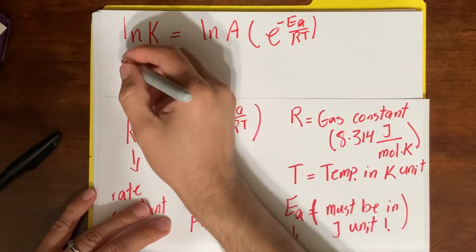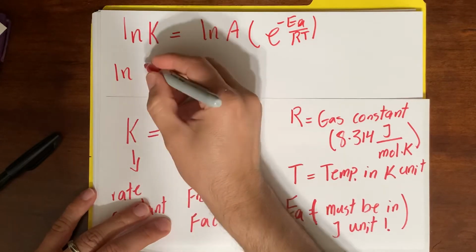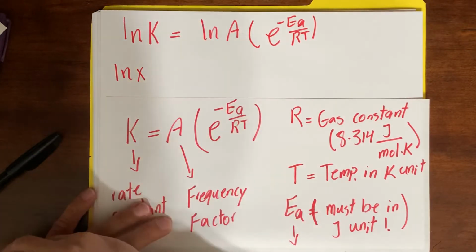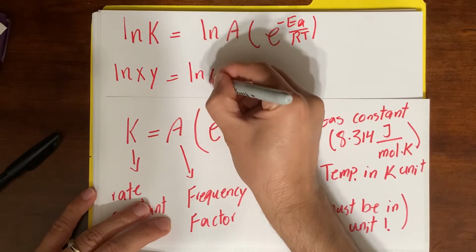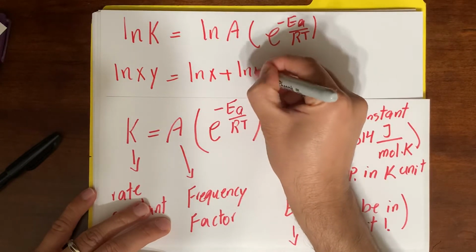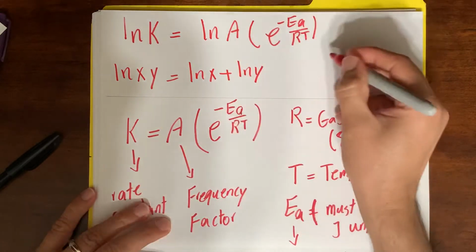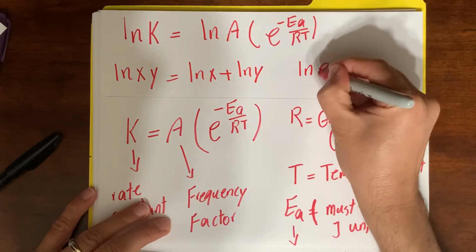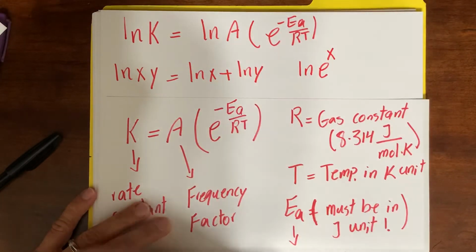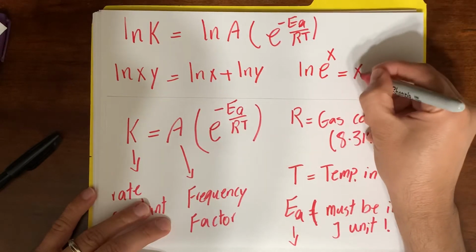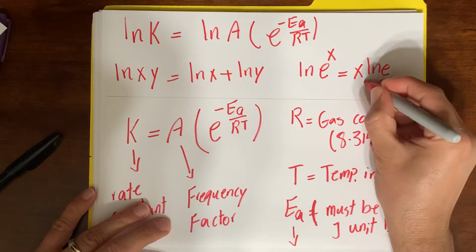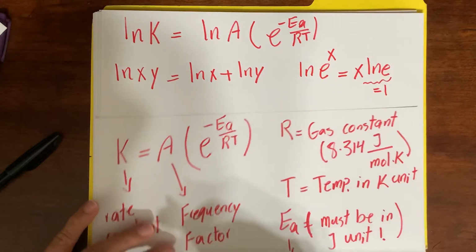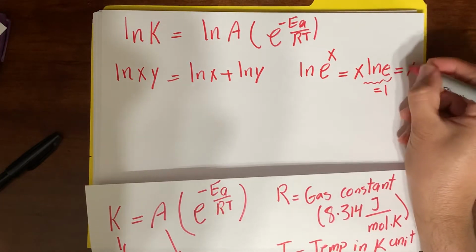Reminder: ln of X times Y, we can write as ln of X plus ln of Y, and ln of e to the power of X, you can write as X ln of e, and ln of e is equal to 1, so that's going to give you just X.